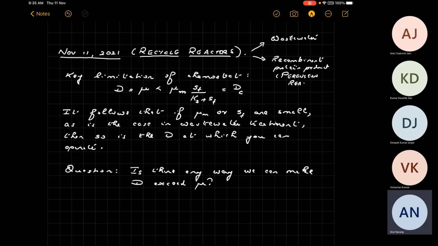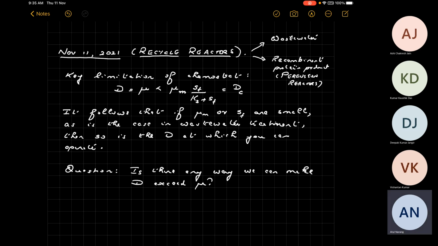So most of the proteins made in Europe, these high-end proteins, fancy proteins, right? The ones that cost like hundreds of dollars a gram. These proteins are made using these perfusion reactors, which is just another name for a recycle reactor.